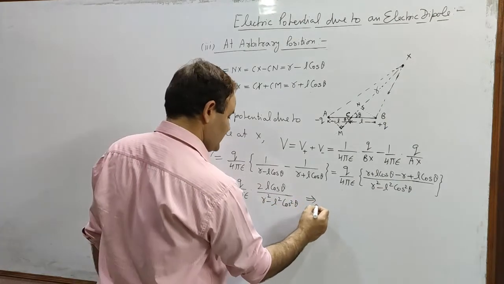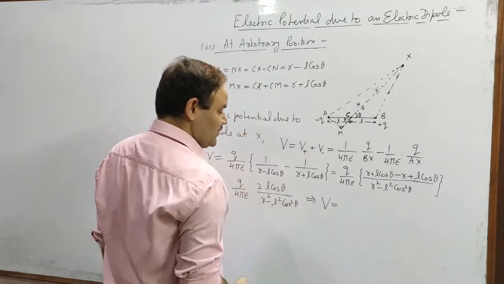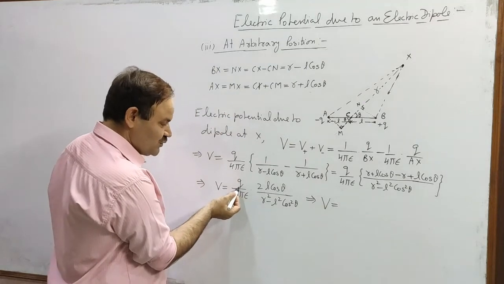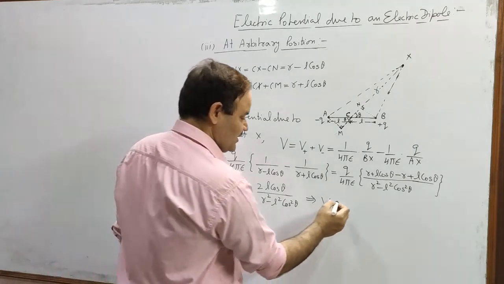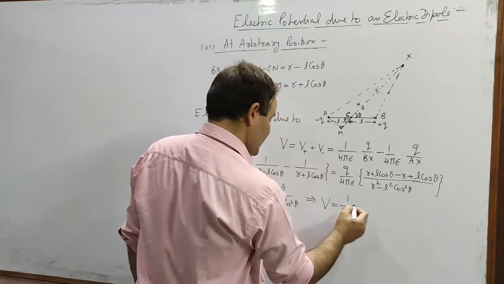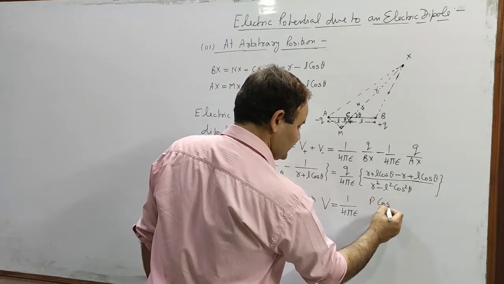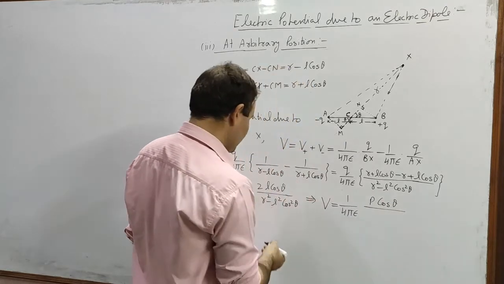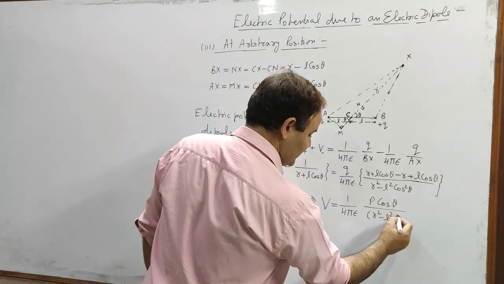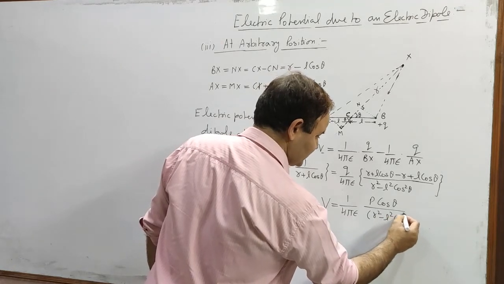This implies V is equal to 2L into q will give P, so 1 over 4 pi epsilon P cos theta upon r square minus L square cos square theta.